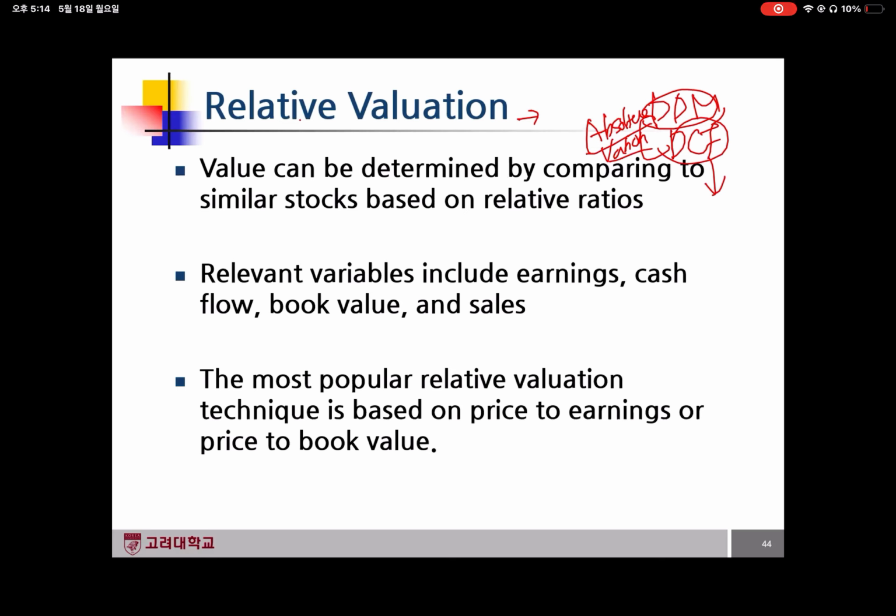In relative valuation techniques, you use multiples and ratios such as price to earnings ratios and price to book ratios to infer the value of the firm. So you apply these ratios to some earnings measures to infer the value of the firm.